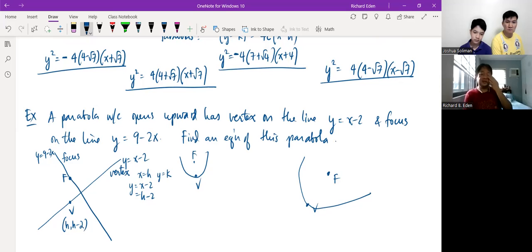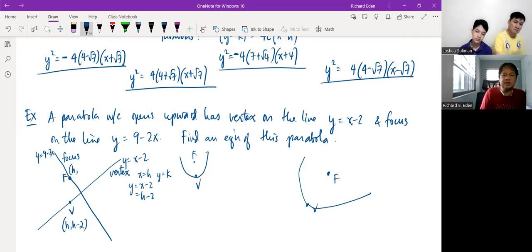All right. So ngayon naman for the focus, the x coordinate, it's still going to be h. So the y coordinate is going to be 9 minus 2h.